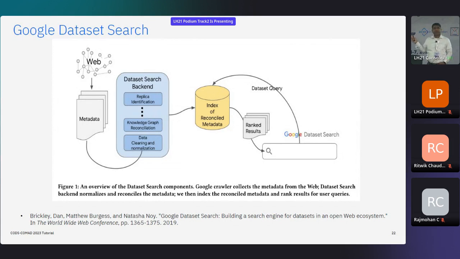In the Google dataset search, the paper talks more about the architecture, but there are a few things a public dataset has which internal datasets may not have. This paper exploits the metadata in order to figure out what the data is.